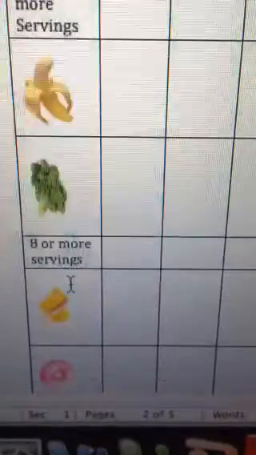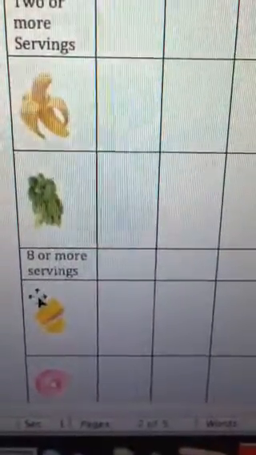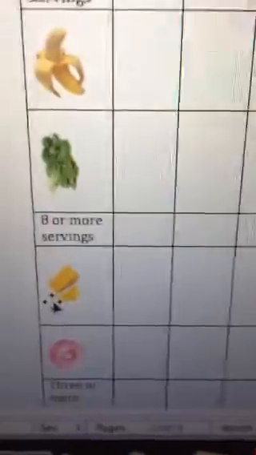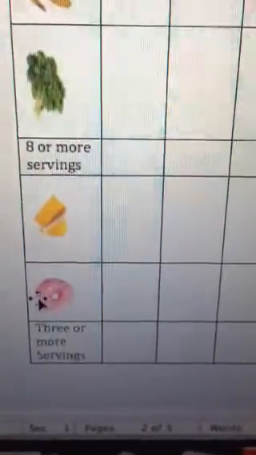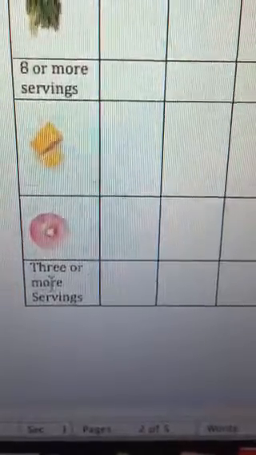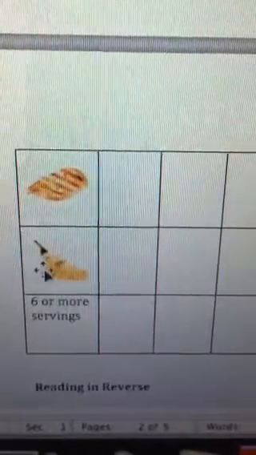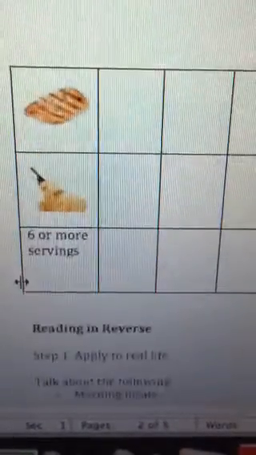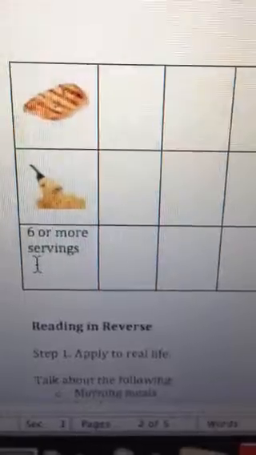This is broccoli. 8 or more servings. Cheese. Donuts. 3 or more servings. Chicken. Pasta. And then 6 or more servings.